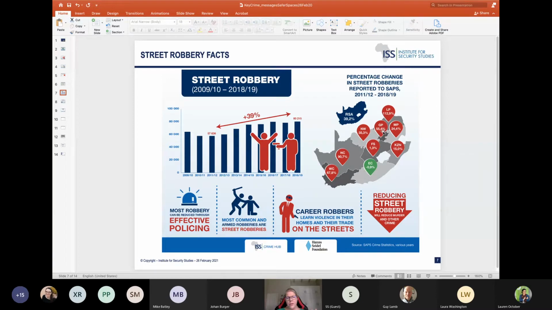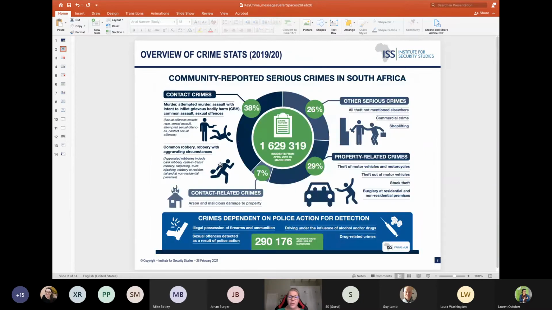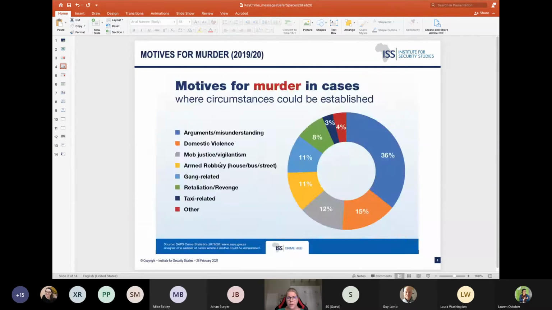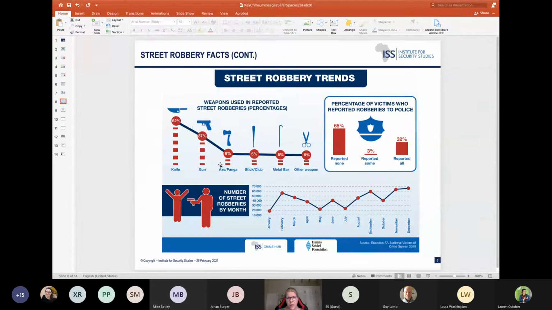Because when you look at the original motives, you see these armed robbery sections. If you actually hone in on certain hotspots, you will see that very often murder is driven by those very same types of crimes.